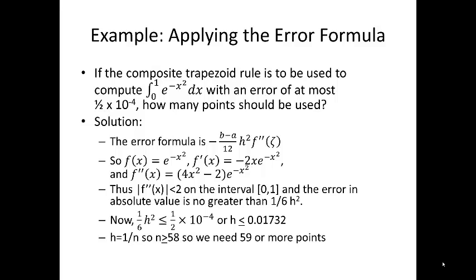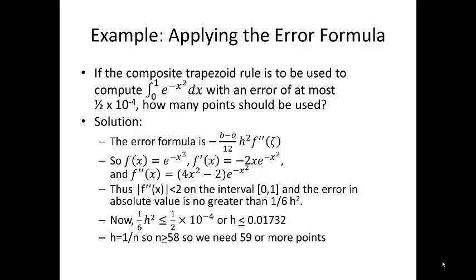Well, the error formula from the previous slide tells us that the error is minus (b minus a) divided by 12 times h squared f double prime of zeta. And we have f of x equal to e to the minus x squared.